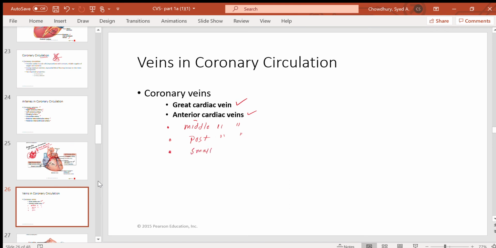So those are others. Okay, and of course most of them supply blood to the coronary sinus. Remember that short wide vein I mentioned, located in the coronary sulcus in the back of the heart.